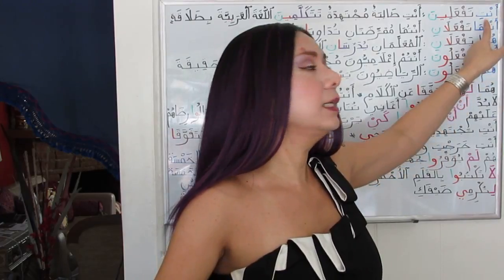These 5 forms include every imperfect verb with the suffix ya, implying the second person singular feminine as its subject, أنت.